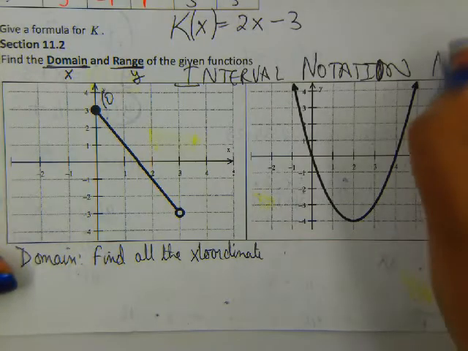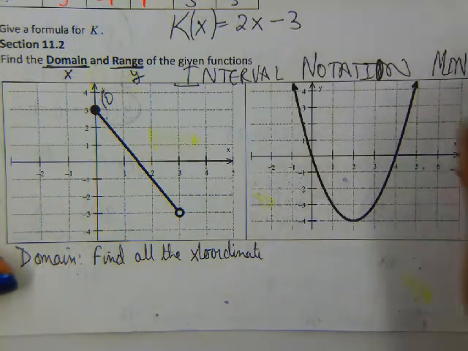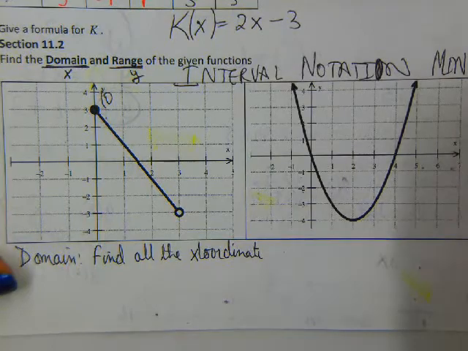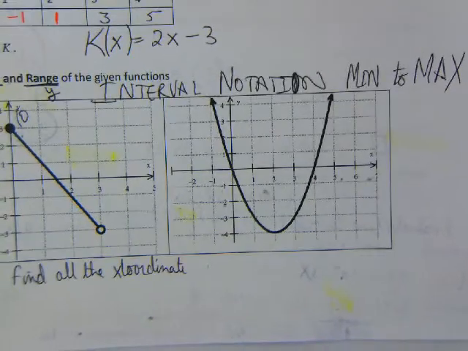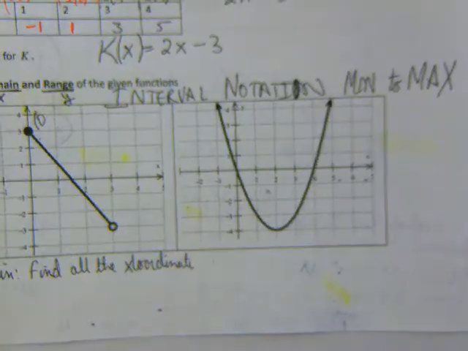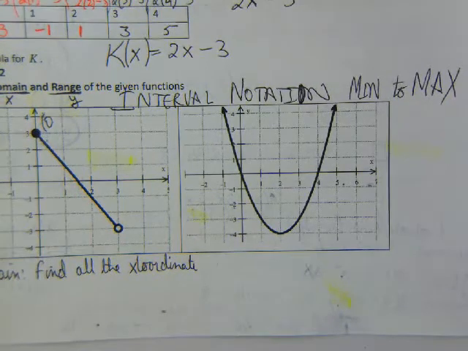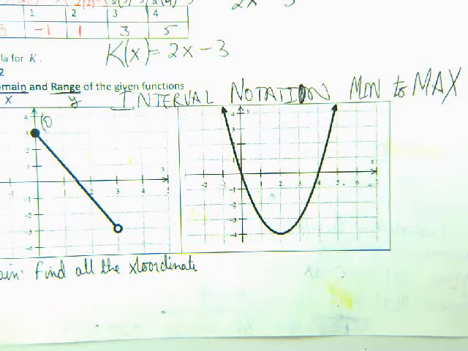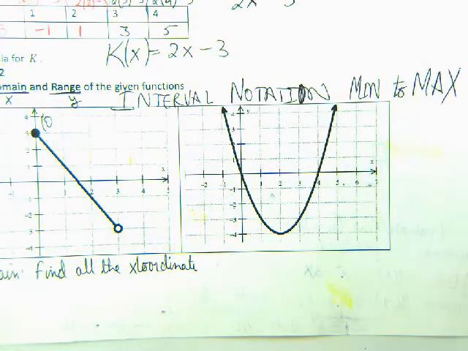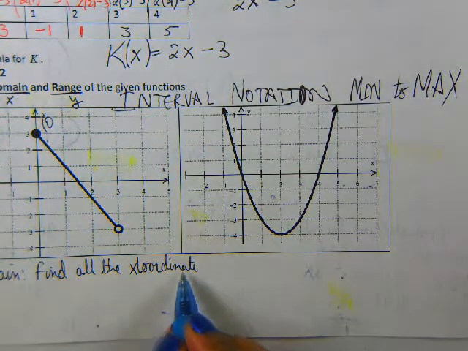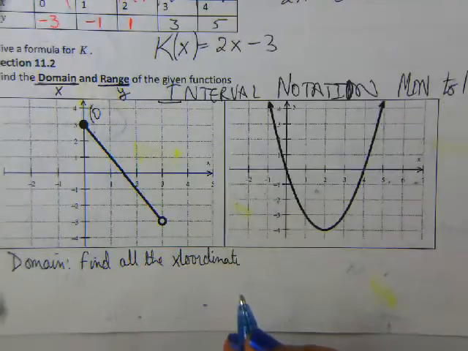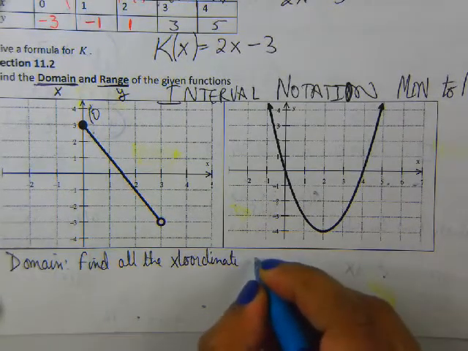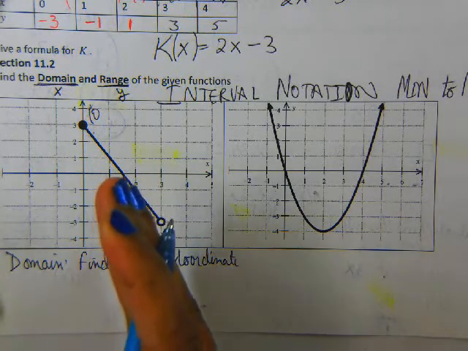You have to list the minimum to the maximum. So interval notation would be minimum to the maximum. Okay. So now how to scan your graph, because when they say find domain, you have to list all the x coordinates. How do we do it? We will be using interval notation, so minimum to maximum.